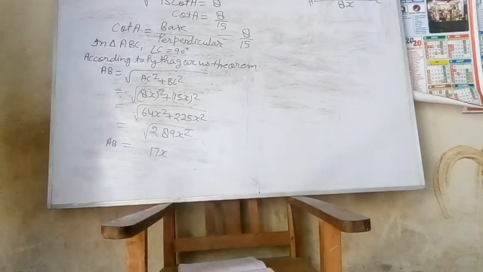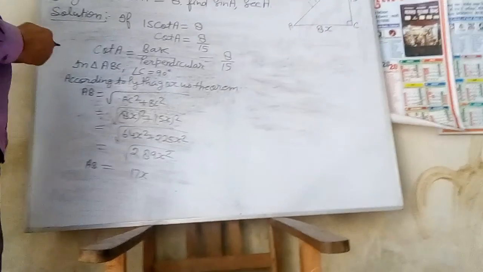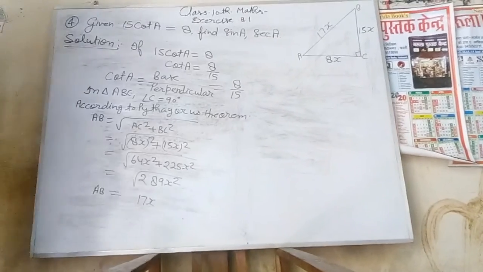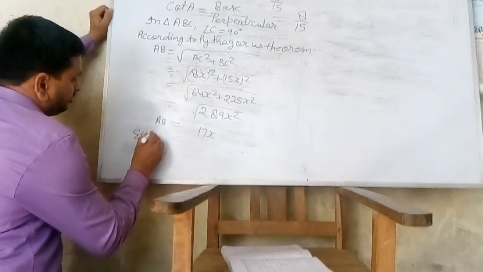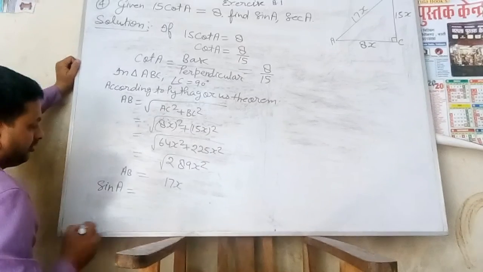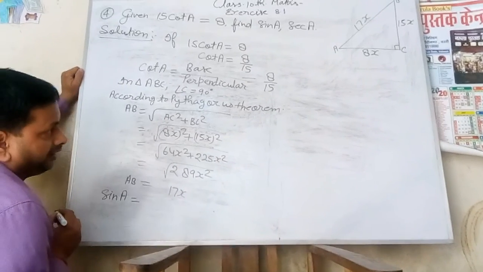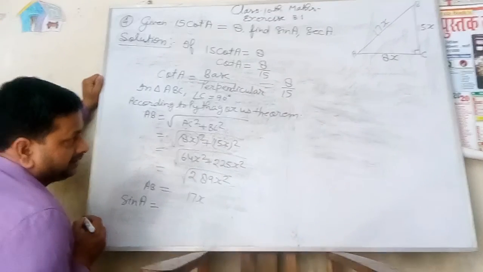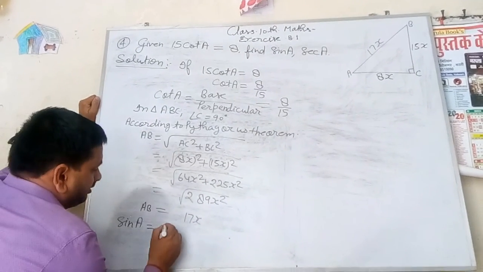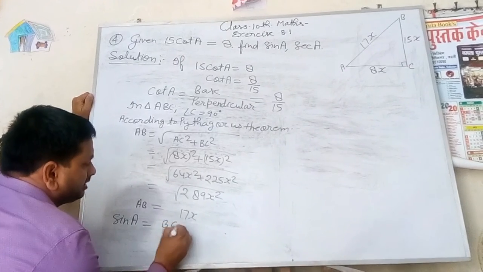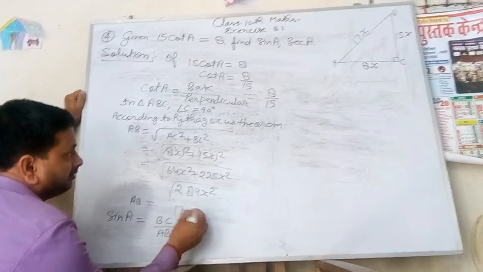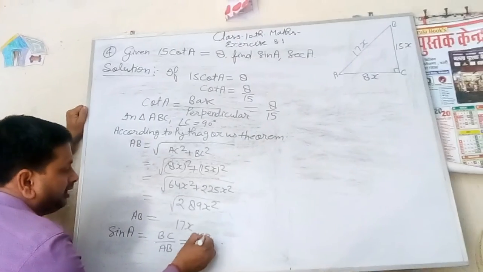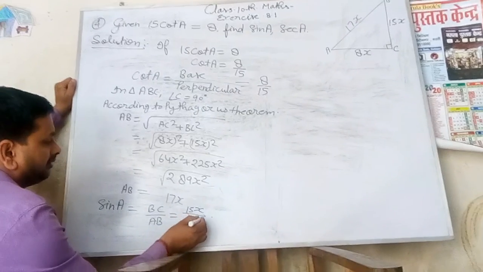Sine of angle A equal to, for angle A, BC is the perpendicular, means BC upon AB, which is the hypotenuse, means 15x upon 17x.